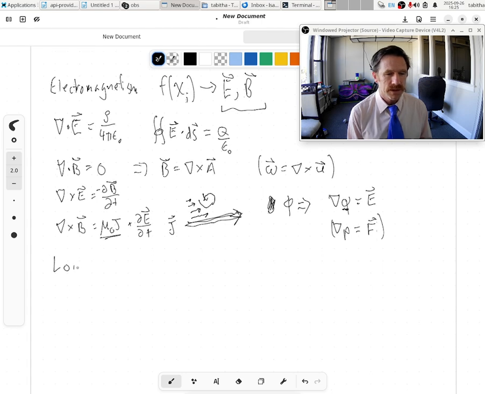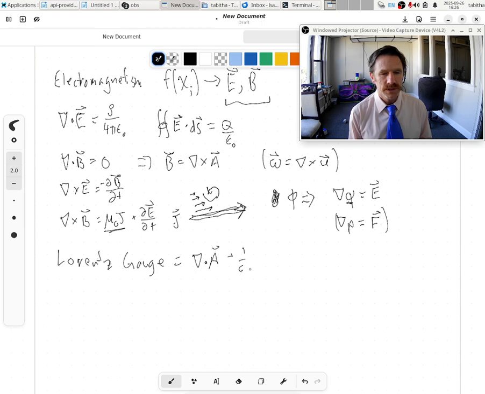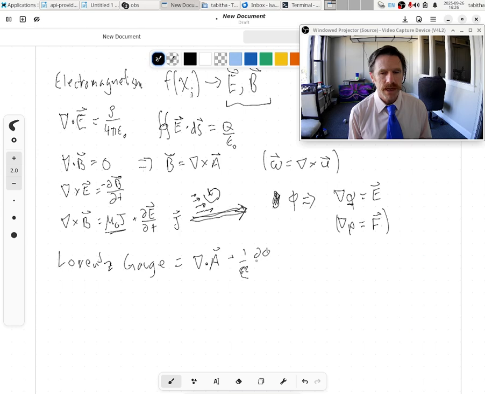We have something called the Lorentz gauge condition, which is that the divergence of the magnetic vector potential plus 1 over c squared times the time derivative of the electric potential cancels out to 0.